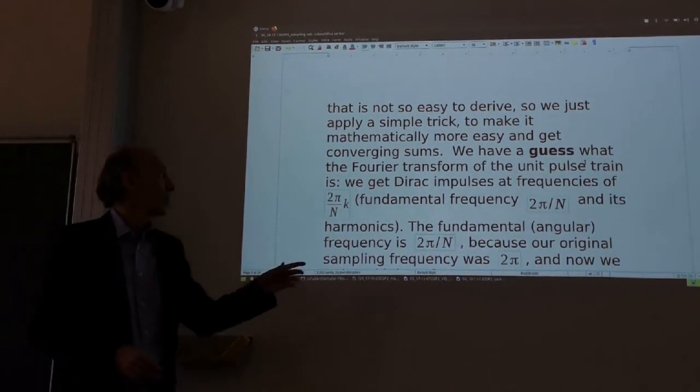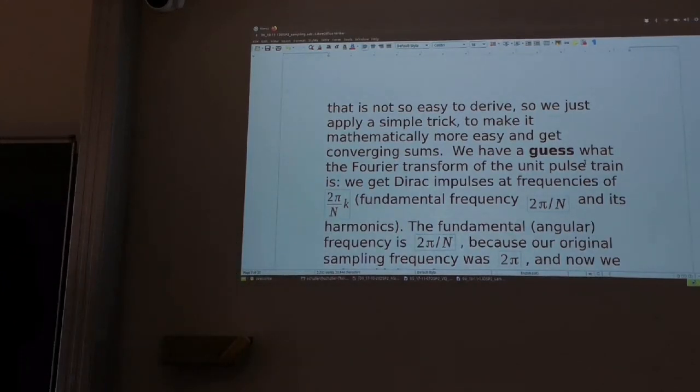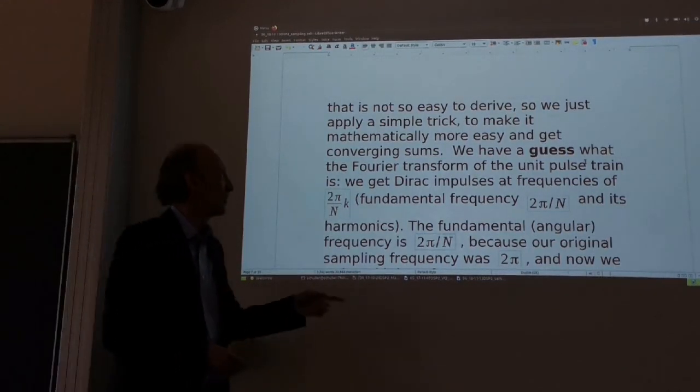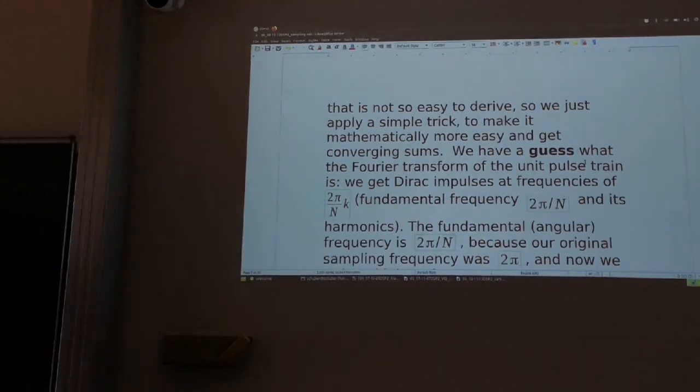So what's the average of our pulses? We have unit pulses. What's the average? Well, it's something positive.